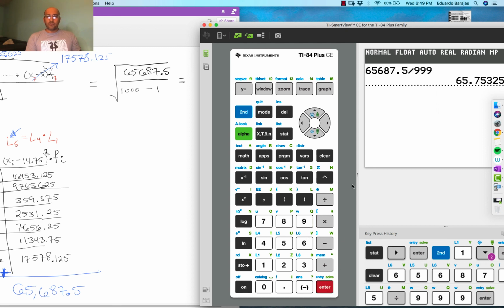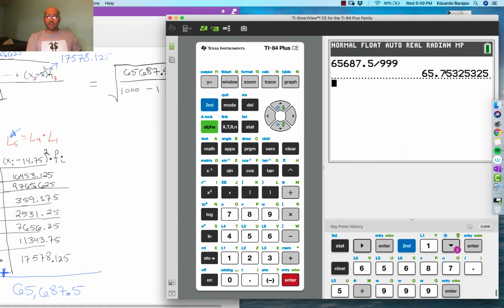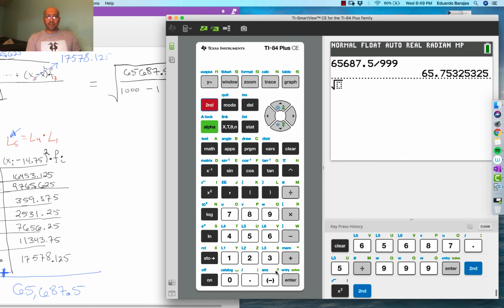Enter. So that's the result I get from the division, this guy. And now if I want to take the square root of that, I hit second, square root, and then previous answer. And finally, we get to our result.